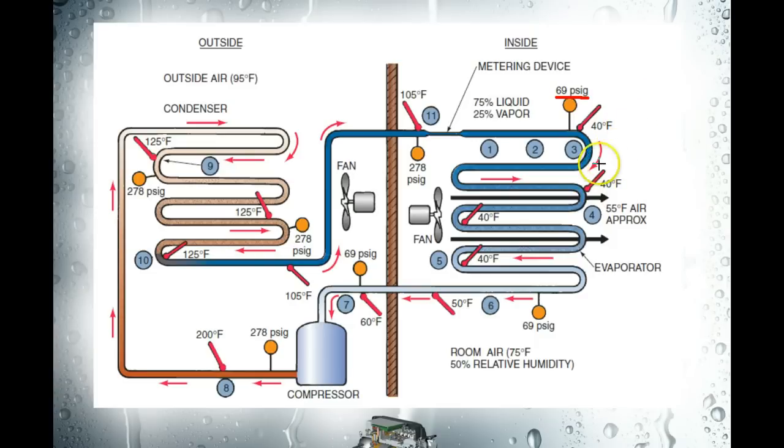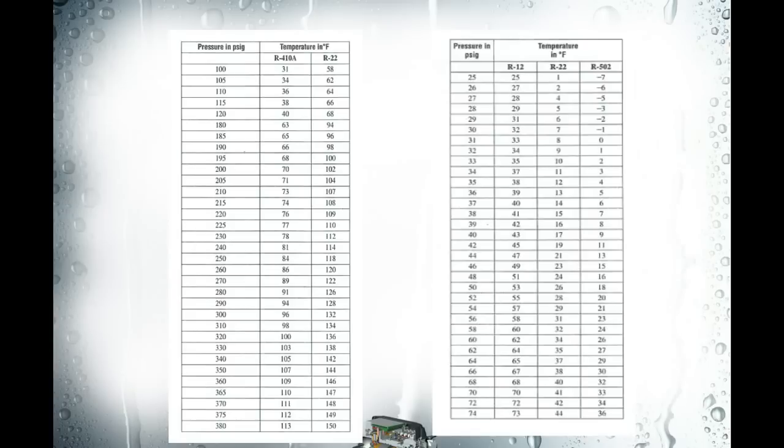And if you could get your thermometer into the evaporator coil and clamp it on there, it's going to read 40 degrees Fahrenheit. And you can verify this by taking a look at the pressure temperature chart for R22.